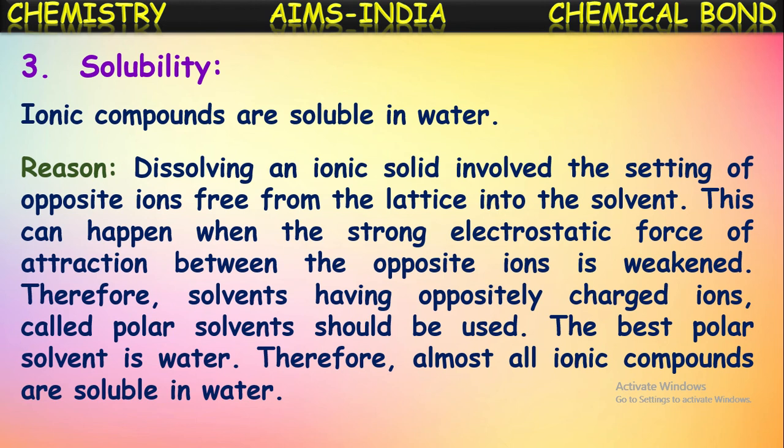One of the best polar solvents is water, because in a water molecule oxygen is combined with two hydrogen atoms. Even though it is a bond formed by sharing of electrons between oxygen and hydrogen, oxygen has more electronegativity. Because of that, slight charges will be found, which we are going to learn in the coming classes. That's why it is called a polar solvent. So ionic compounds are fairly soluble in polar solvents like water. That's why almost all ionic compounds are soluble in water.